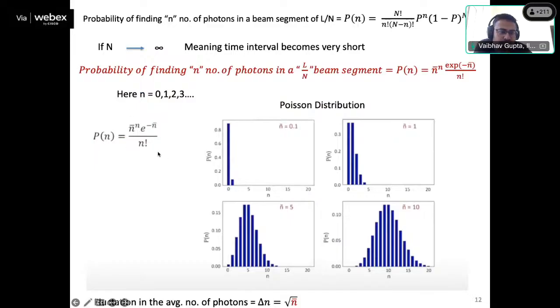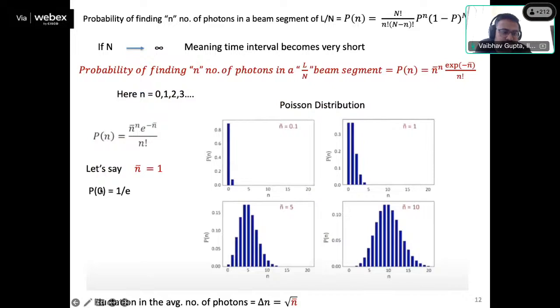Now we have this formula. Look at this formula. Let's say n bar equals 1, and we try to find P0. P0 is the probability of finding 0 photons. What will that be?